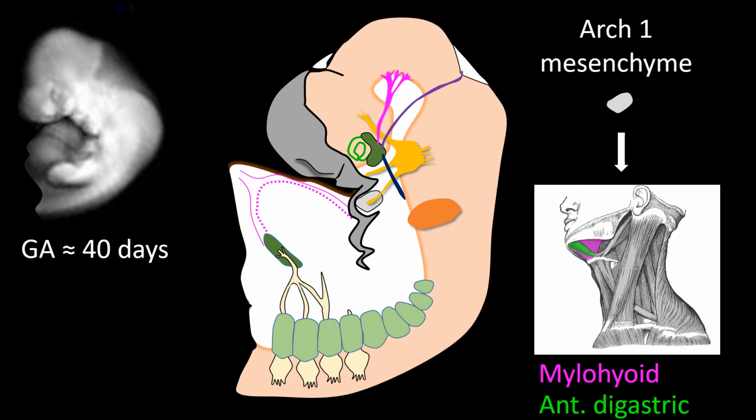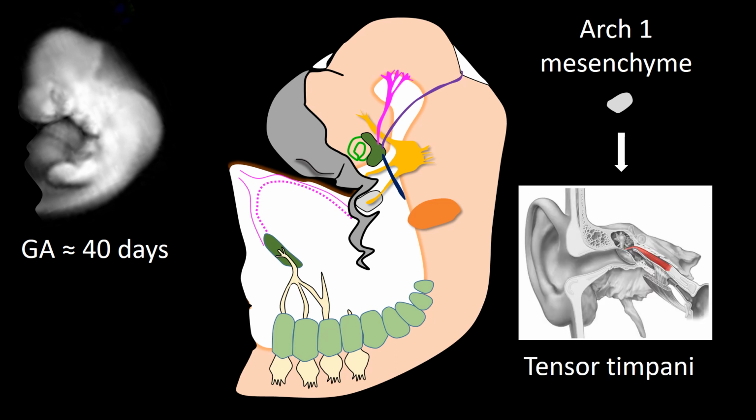Other muscles arising from the first branchial arch are the mylohyoid and the anterior belly of the digastric muscle. In addition, also from the first branchial arch, we have the tensor tympani.